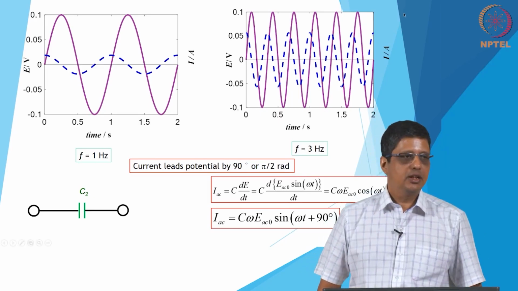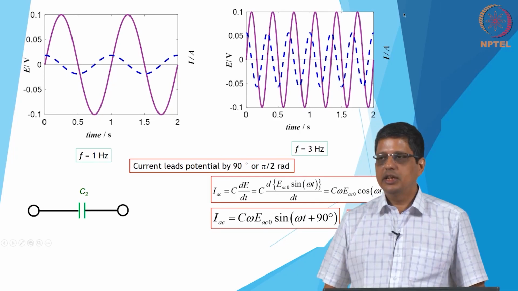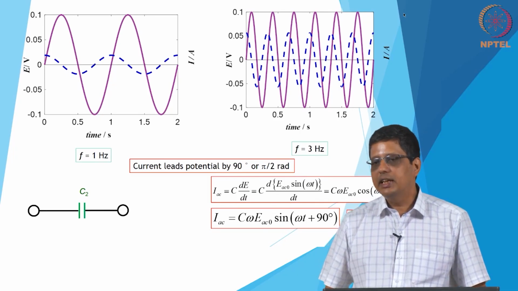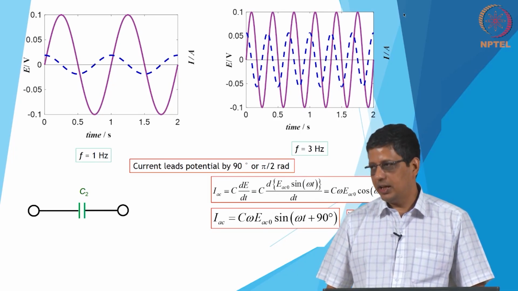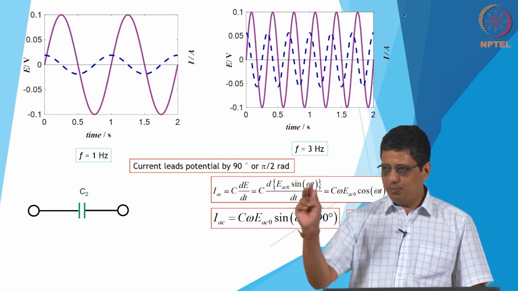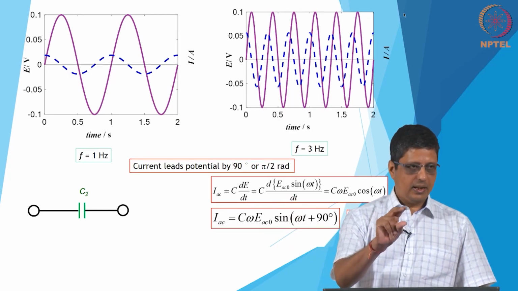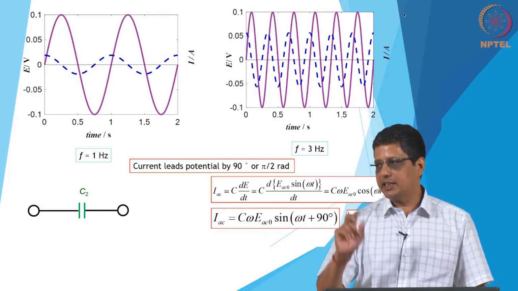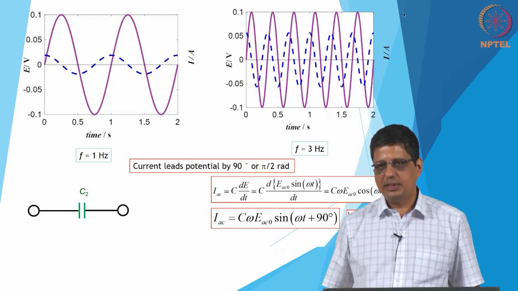So, sometimes impedance is called a generalized resistance, or a vector ratio of potential to current. Sometimes it is referred to as a transfer function. You give potential, you can calculate the current, and these two are related by a transfer function. So, there are different ways of expressing it.